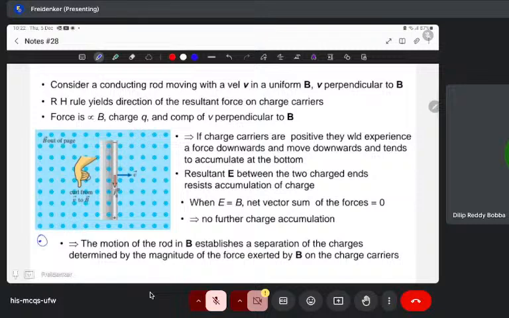If you have dot and circle, it's coming out. If you have cross and circle, it means it's going inside. So you have to use your right hand to see in which direction the magnetic force will be. You can use whatever right hand rule you remember. What I will be using is one easy way. Let's say you have your hand.